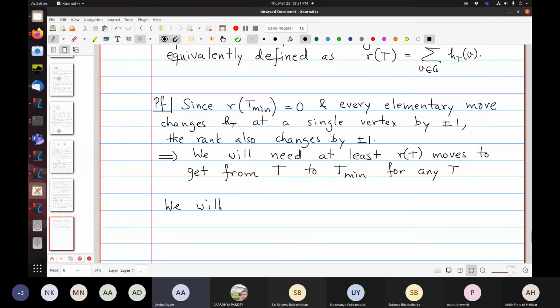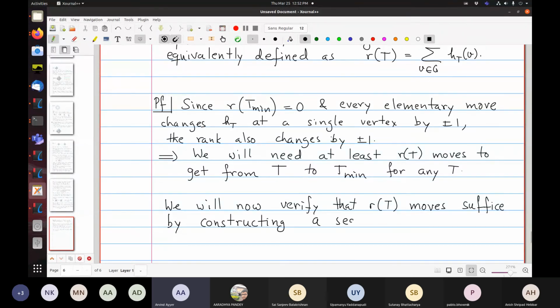We will now verify that R of t moves suffice. Remember, the earlier definition of rank was the minimum number of moves needed to get to t min from t. But now we are going to show that this many moves are going to suffice by constructing a sequence of moves.